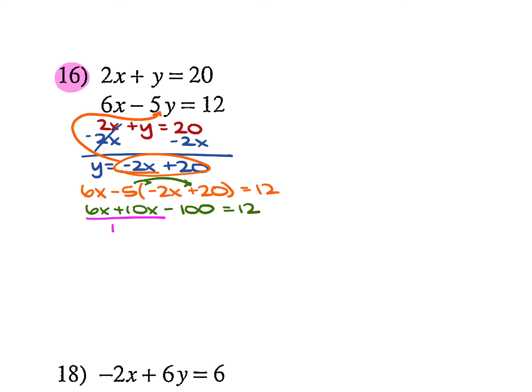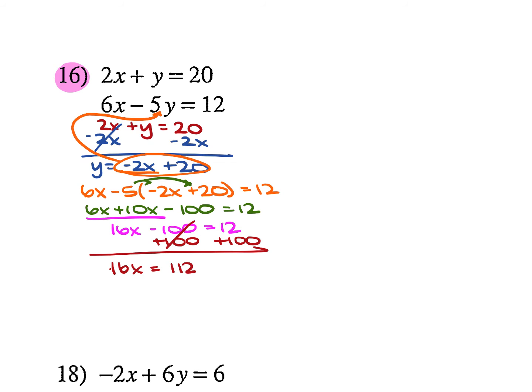Combine your like terms, it gives you 16x minus 100 is equal to 12. Add that 100 to both sides. We get 16x is equal to 112. From here, you're going to divide each side by that 16, and you get that x is equal to 7.